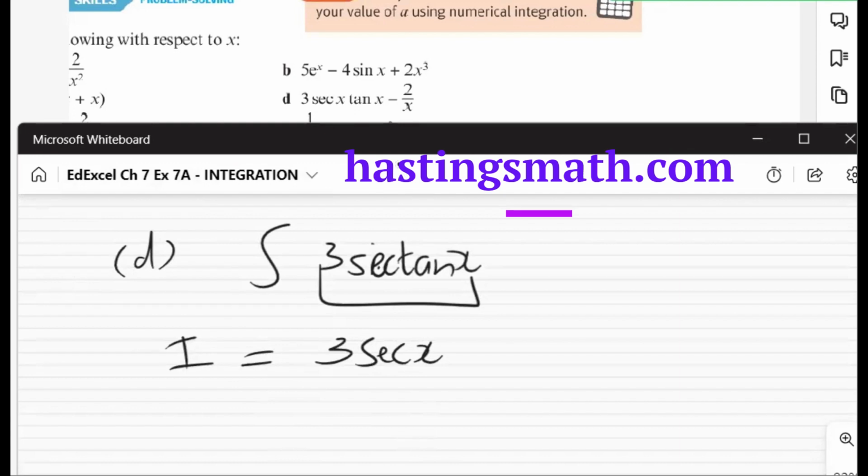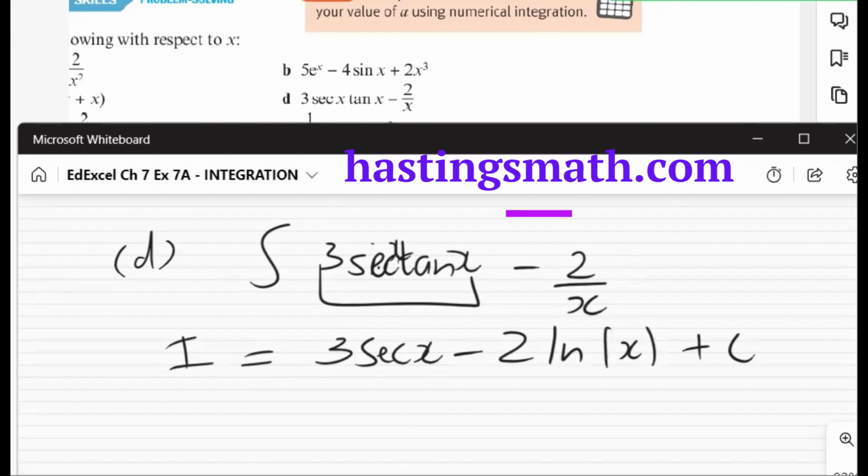We've covered this in the previous question. Don't forget the plus c. So not too much time on this one, just a memorizable formula for that.